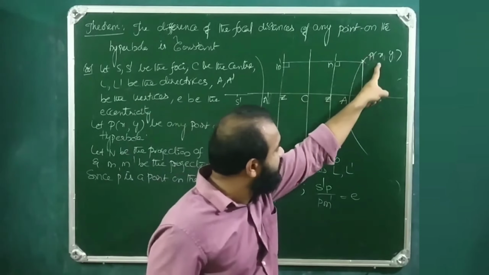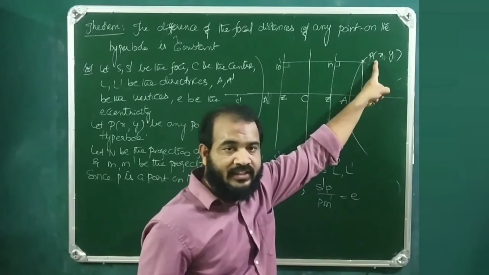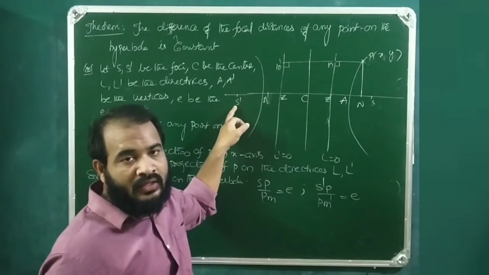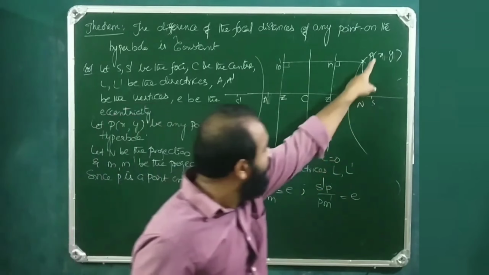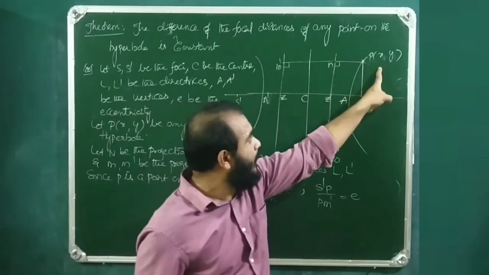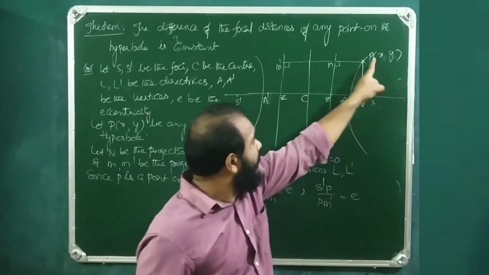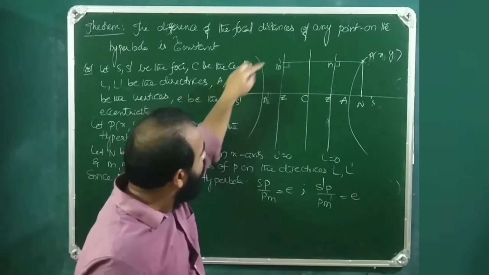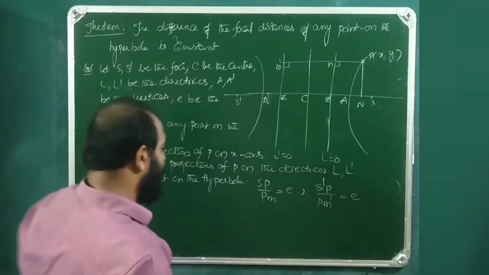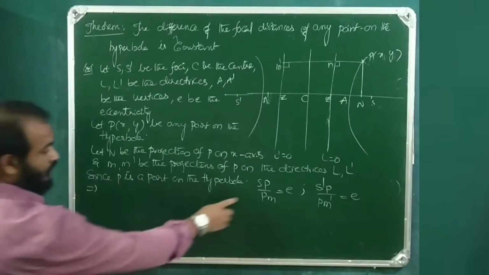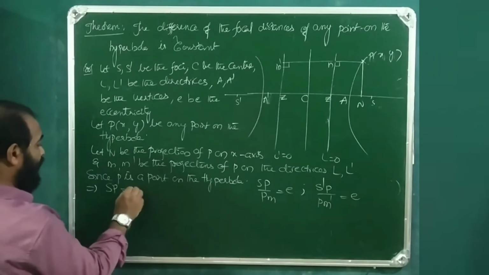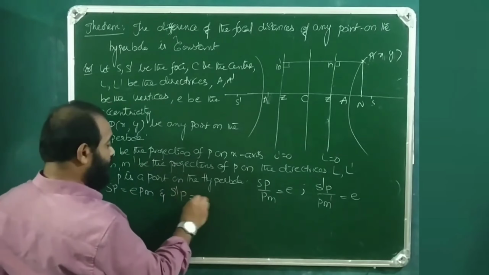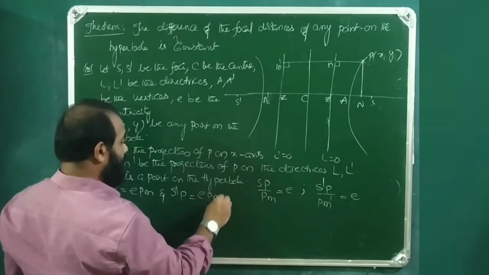For S dash, the focus, its corresponding directrix is this. So now SP equals e PM, and S dash P equals e PM dash.